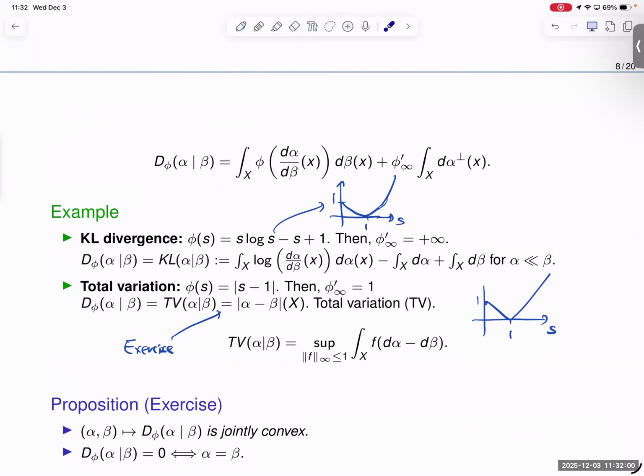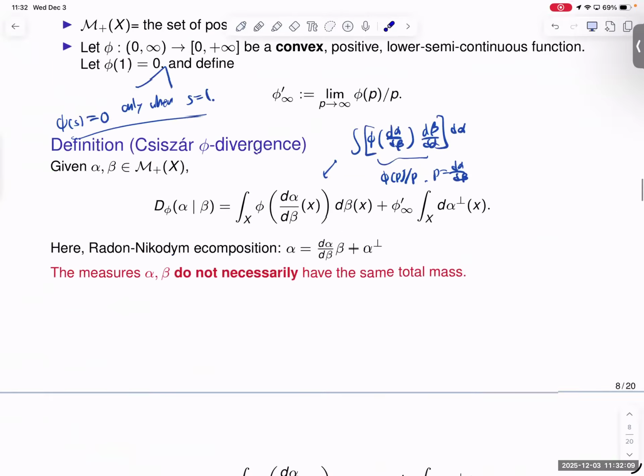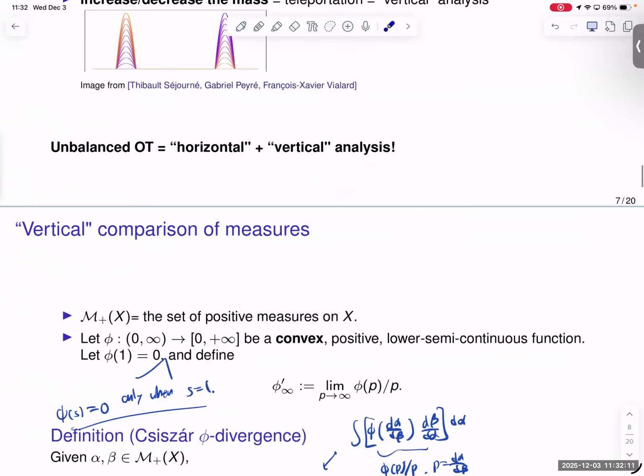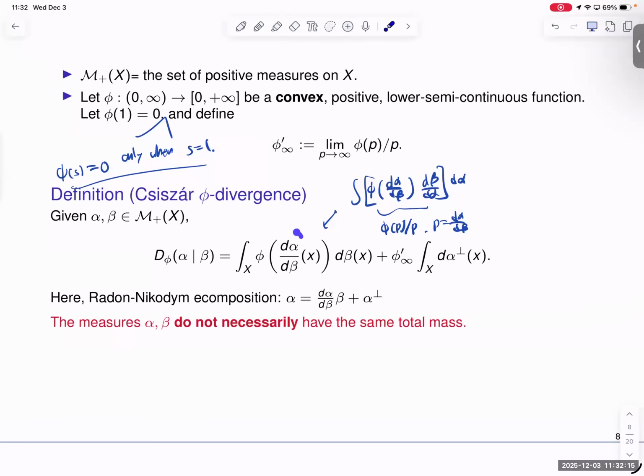The reason why I call it a vertical analysis is because what you compare is just the ratio between the density alpha and the density of beta.